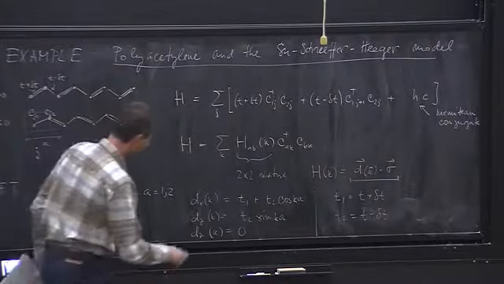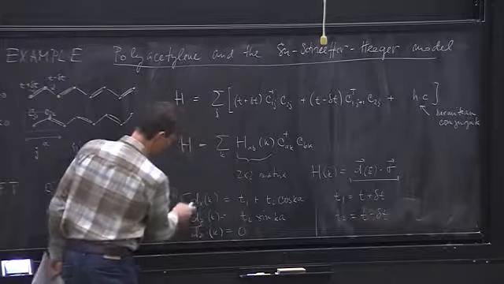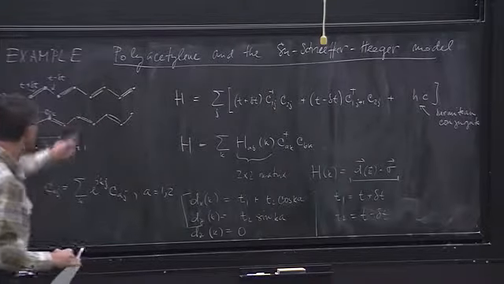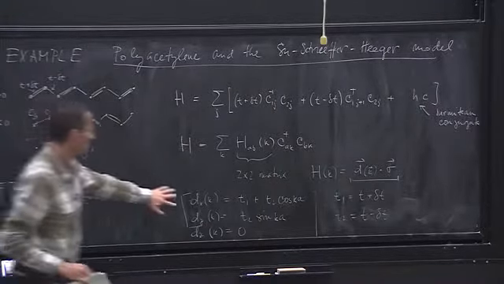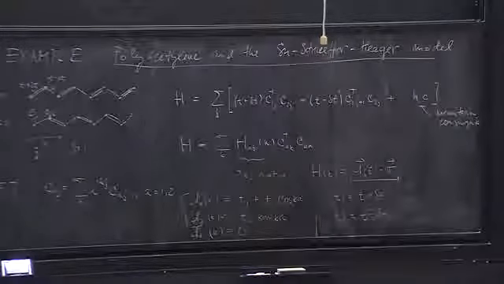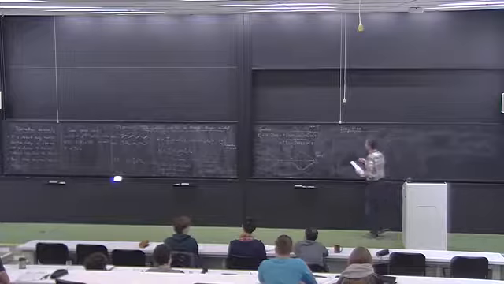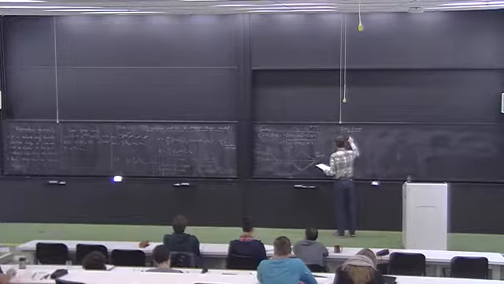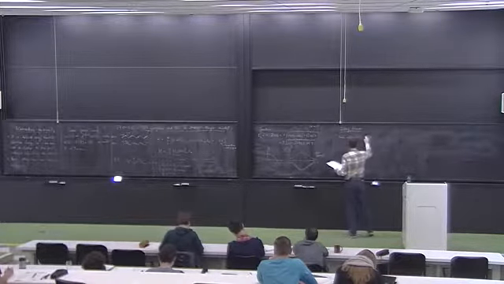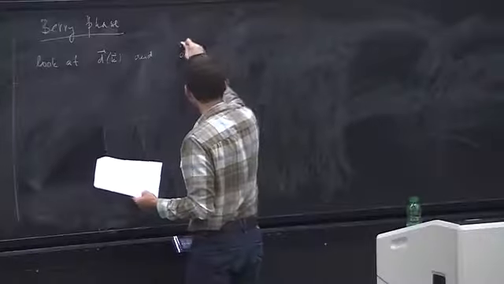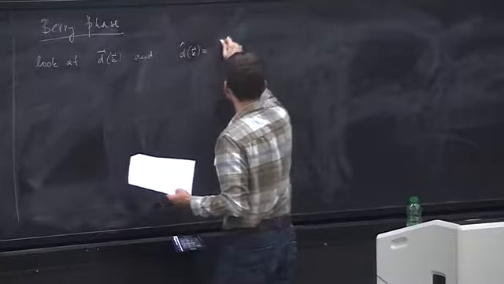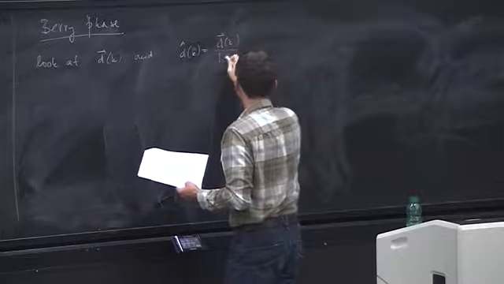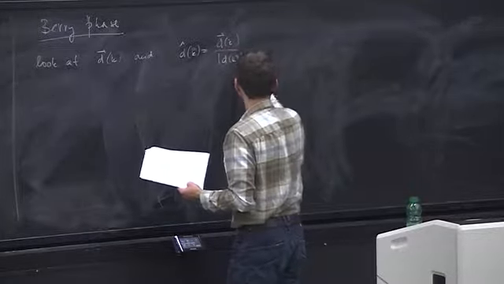Now, our analysis is aided greatly by the fact that only two components of that vector are non-zero, right? dz is 0 here because we're prohibiting next nearest neighbor hoppings, which means that vector d only lives in a two-dimensional plane. Okay, so to analyze the Berry phase, look at d of k, and in particular, we want to look at the unit vector d of k, which is just d of k over the absolute value of d of k.